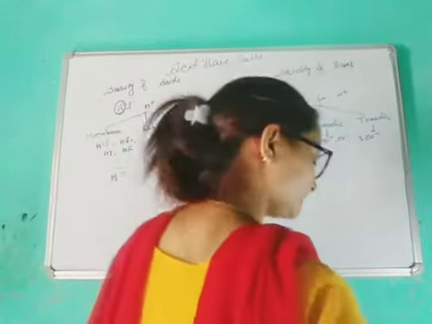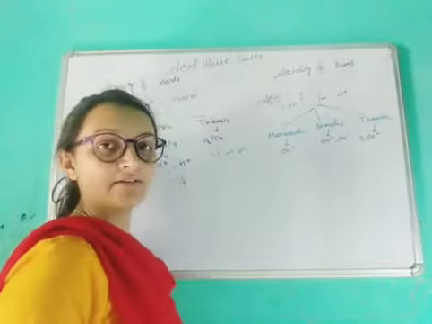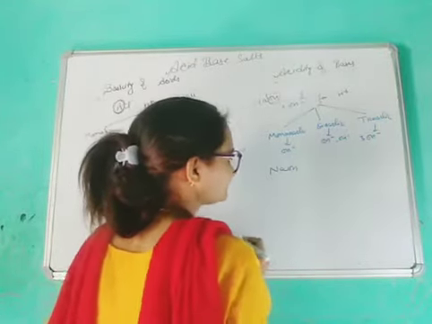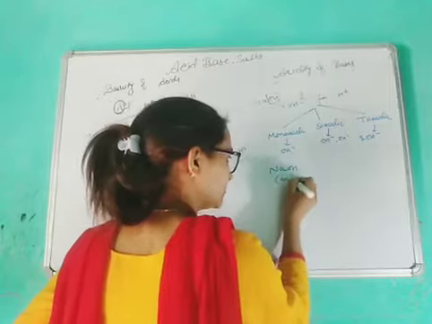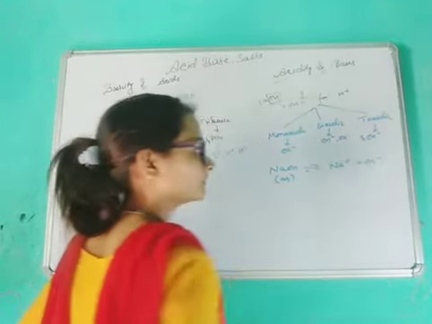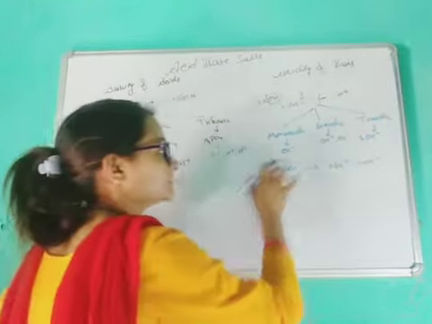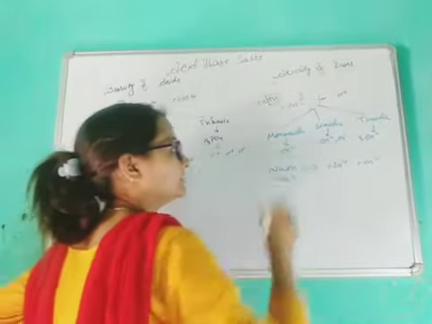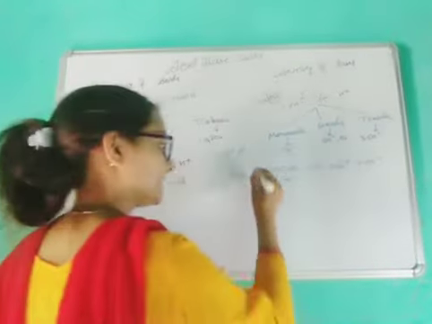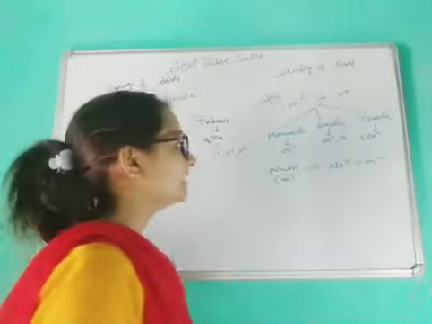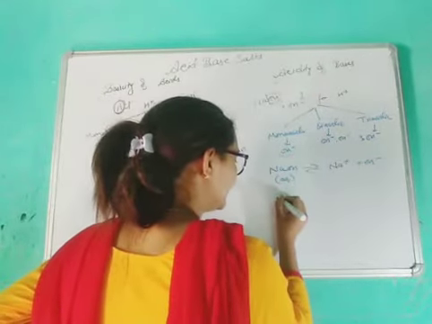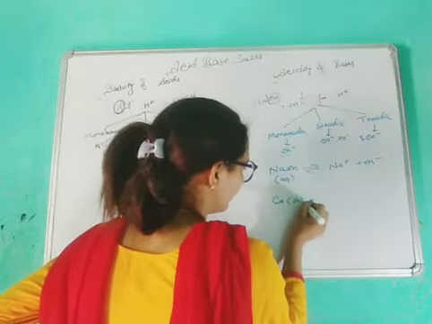Now for example, monoacidic. In monoacidic there will be NaOH. Its aqueous solution will give you Na positive and OH negative, only one OH negative. So this is monoacidic. If you see the example of diacidic, there will be Ca(OH)2.